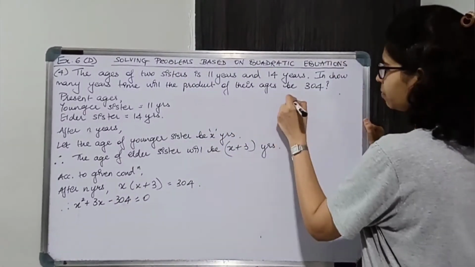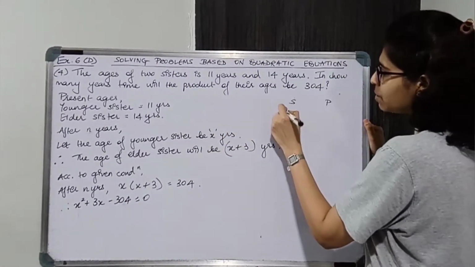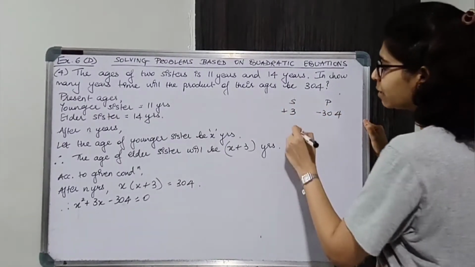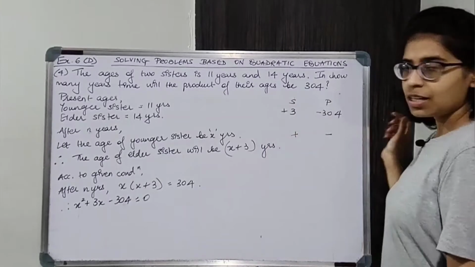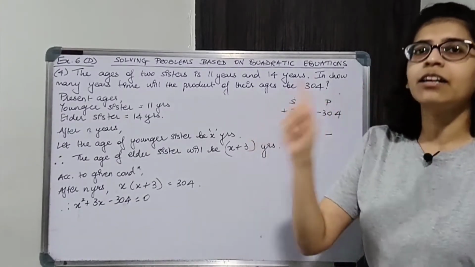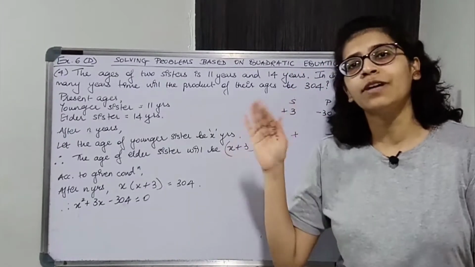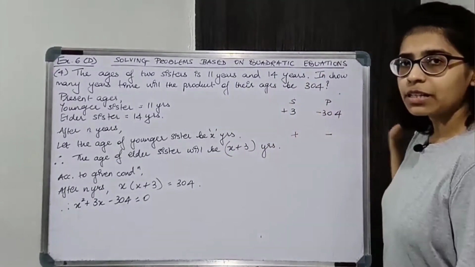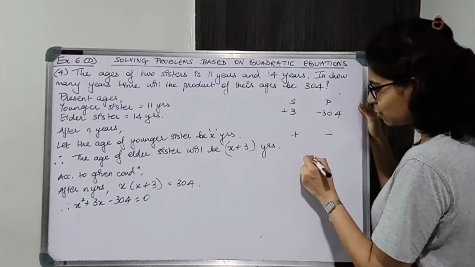So sum and product. Sum is plus 3, product is minus 304. Product is negative, it means one factor is positive, the other is negative. Sum is positive, so the greater factor is positive and the smaller factor is negative. Okay, we will subtract, greater minus smaller. Now factors of 304.